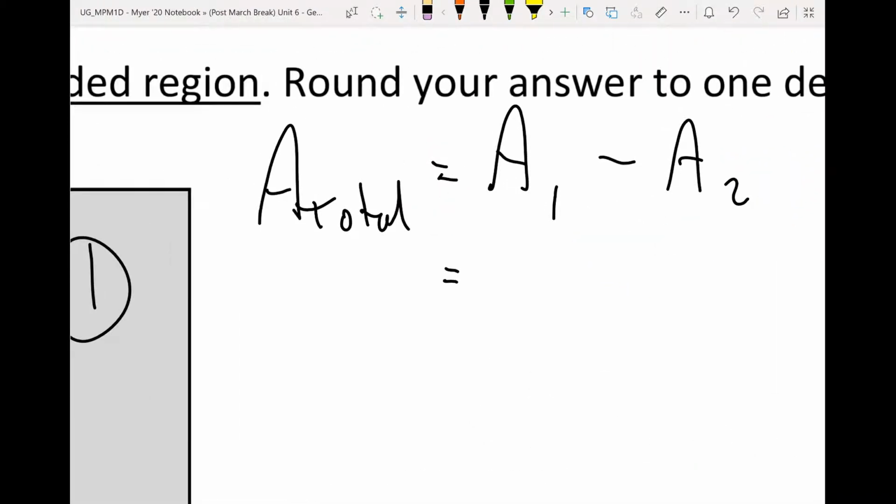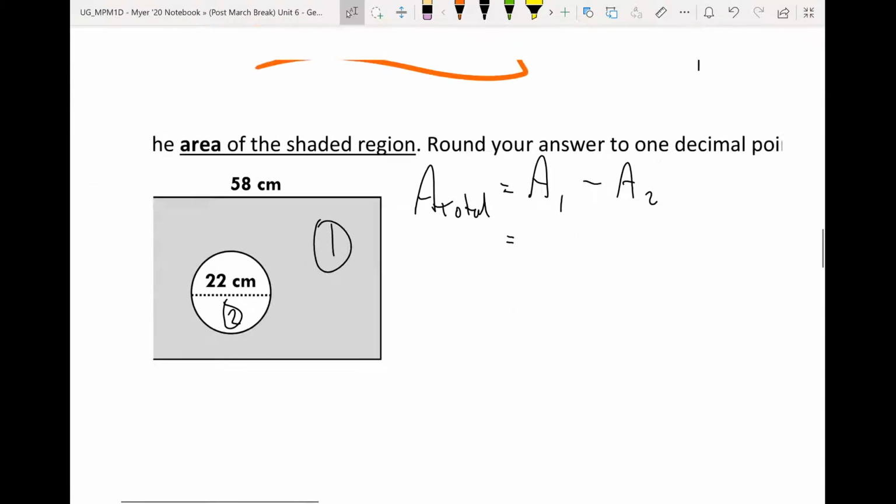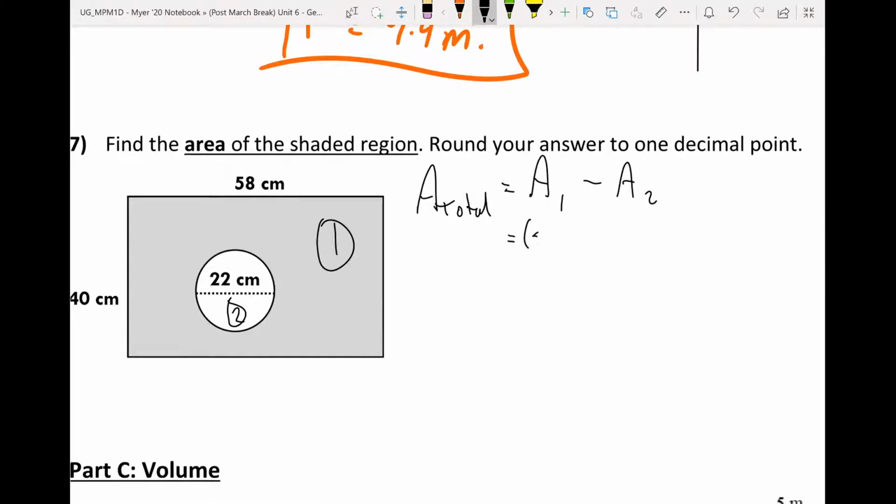All right, area 1 is equal to 58 times 40 subtracted by, all right, so area of a circle is pi r squared, so pi, and the radius is half of that diameter, so this time it's 11 squared.